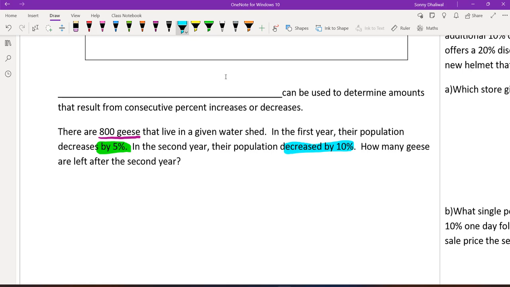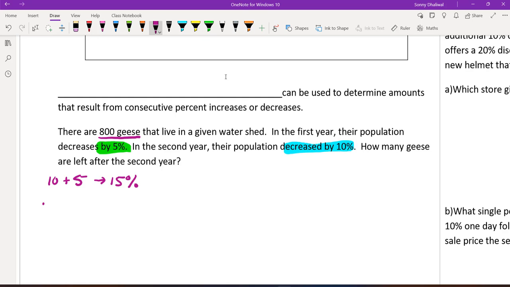And I'll explain why. So let's do the same thing we just did. If we add 10 plus 5, we get 15%. So our calculation would be, okay, well, let's turn that into a decimal and multiply.